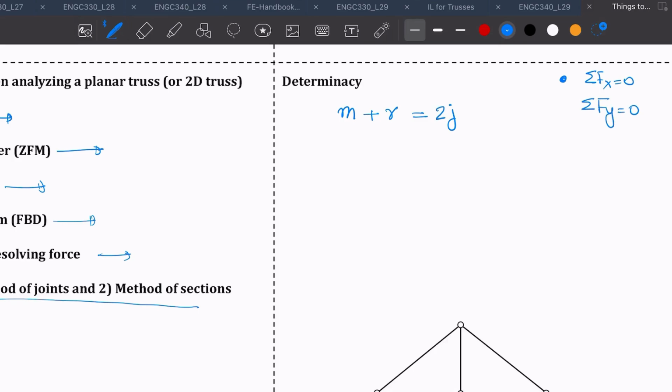So this becomes 2j. The number of members and support reactions are unknown, and the equations are known. So if the number of unknowns is equal to the number of known equations, then we call it a determinate structure.